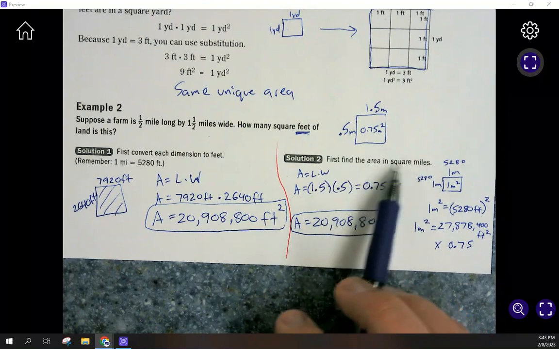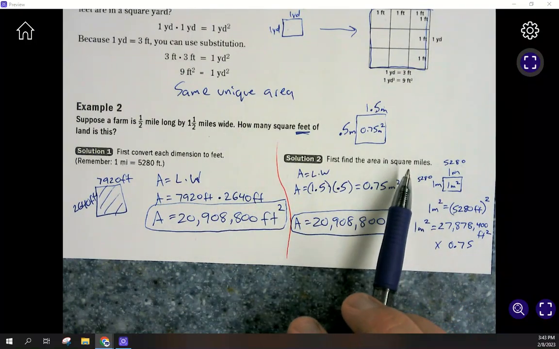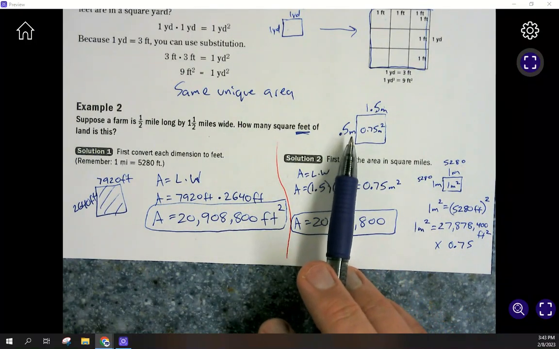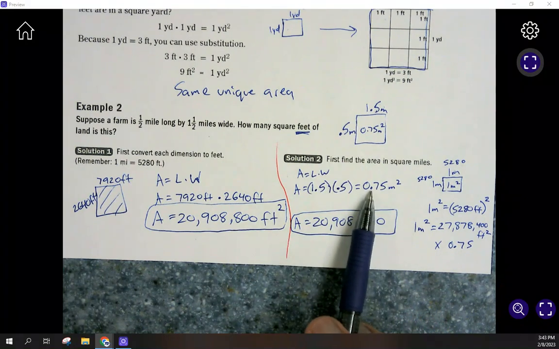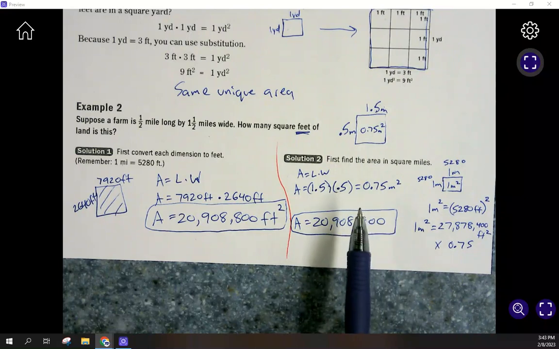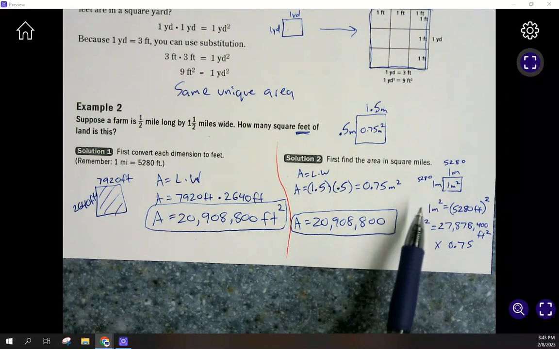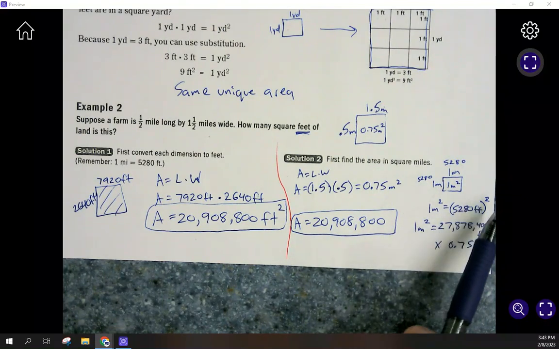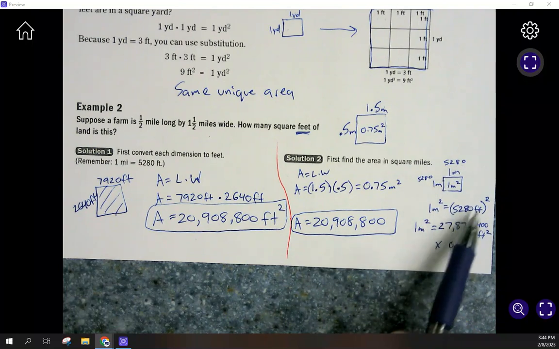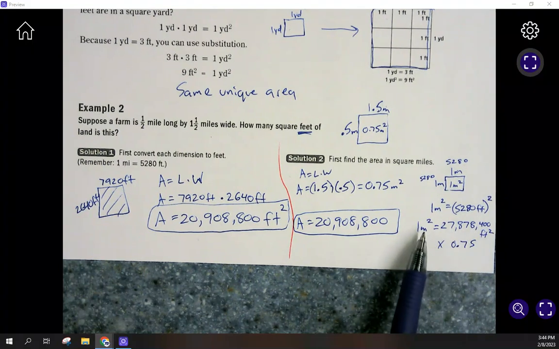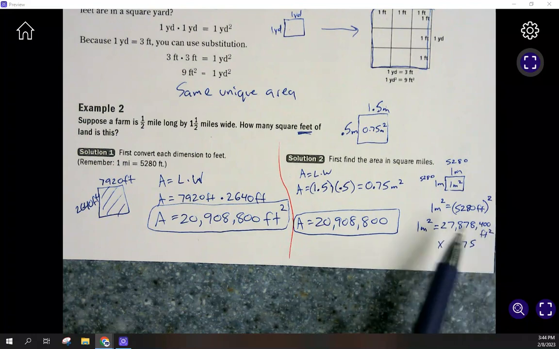First, we found the area in square miles. We didn't convert anything to feet. So we did 1.5 miles times 0.5 miles. So that's 0.75 square miles. We need to convert that into square feet. So first we need to figure out 1 square mile is how many square feet. So we did 5280 squared. We got this really big number. That's how much 1 square mile is in terms of feet.